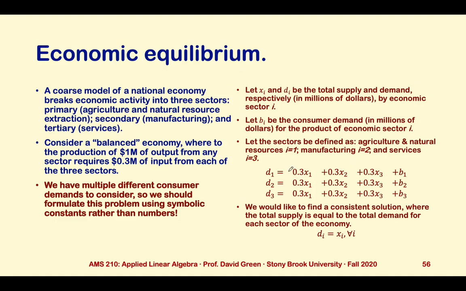The general model has total demand written as a sum of a set of internal demands, the demands required by each sector in order to produce output for that sector. These are all dependent on what the supply from those sectors is, the x1, x2, and x3, and added on to that an external or consumer demand for the appropriate sector.